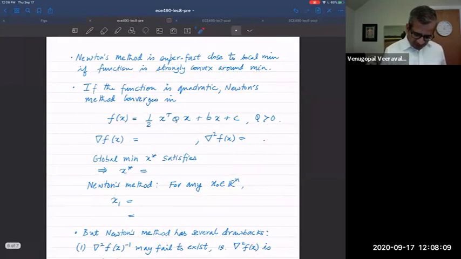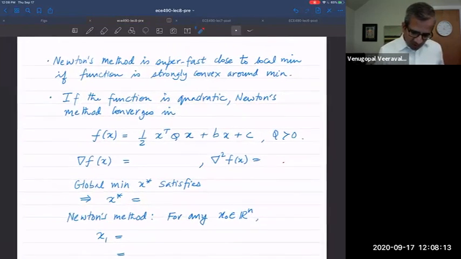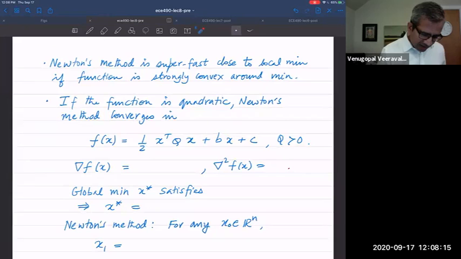Or actually, before we talk about that, we'll do a simple example. So first of all, Newton's method, as I said, is super fast close to the local minimum if the function is strongly convex around that minimum.